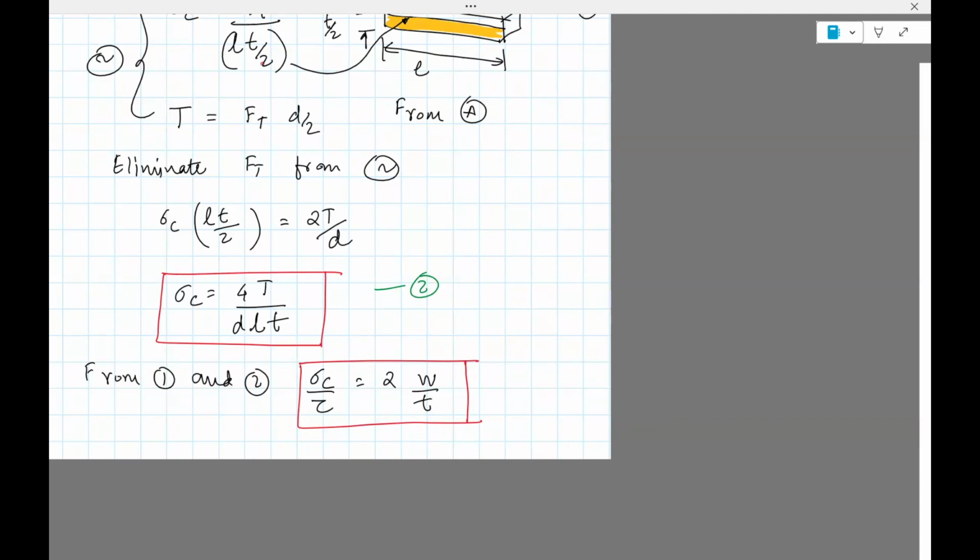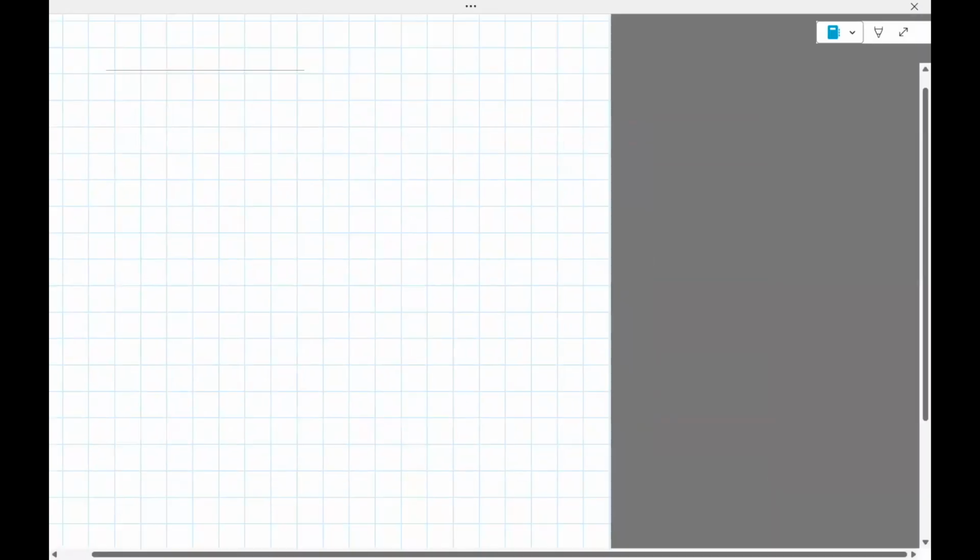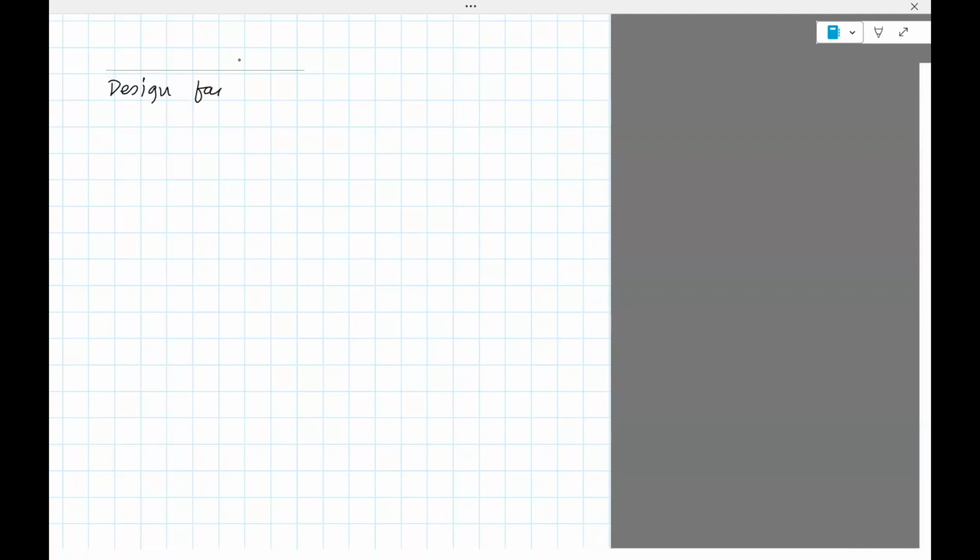Okay, we're almost there. Let's compute the factor of safety and then solve a problem. Factor of safety, so design factor. So 1 for crushing.